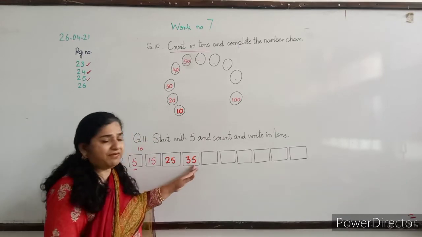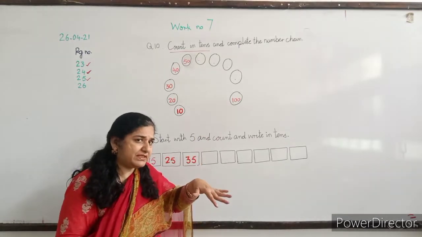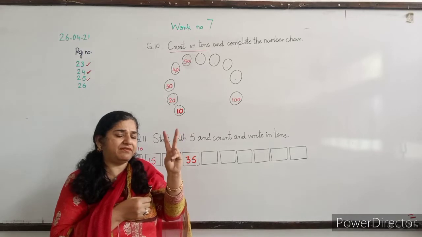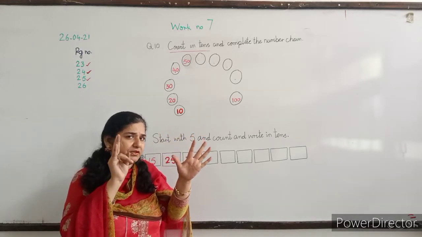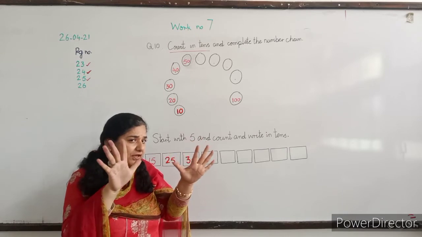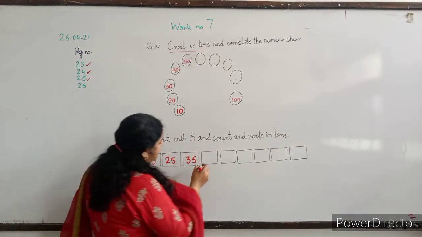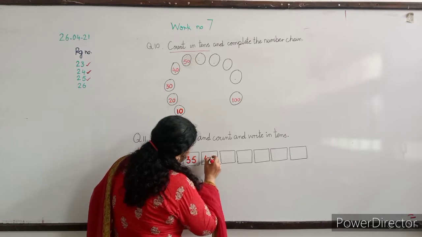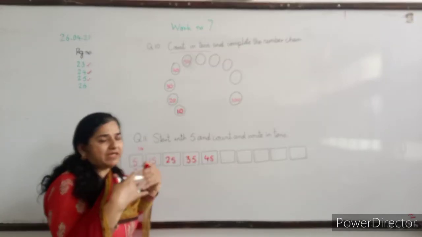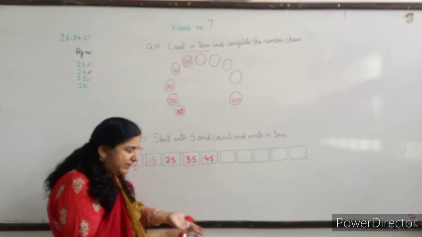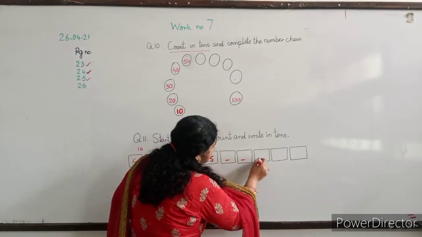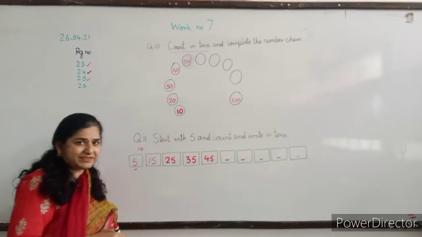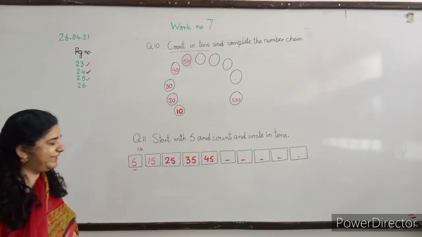Now from 35, again we will count in tens. 36, 37, 38, 39, 40, 41, 42, 43, 44, 45. So children, in this way you will count every next 10 and you have to complete these numbers yourself. Right? Okay.